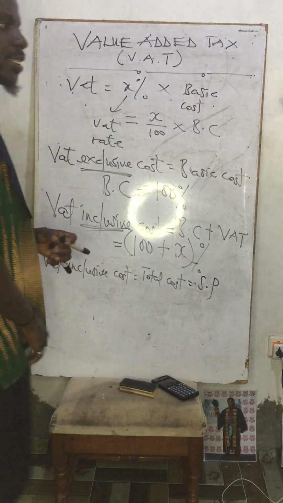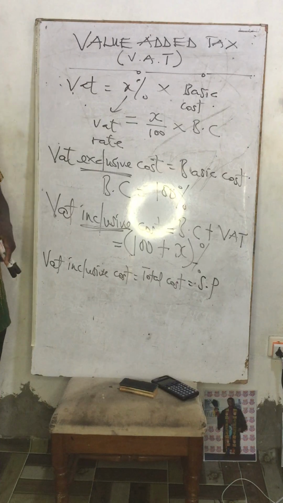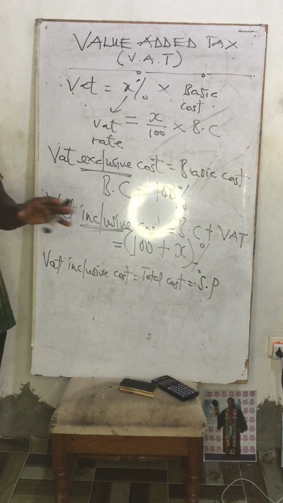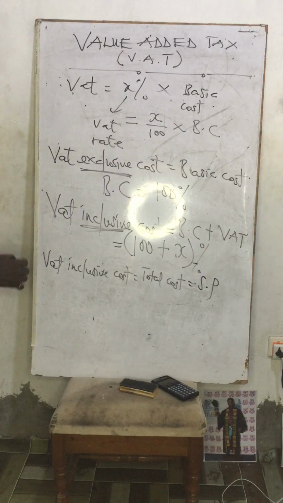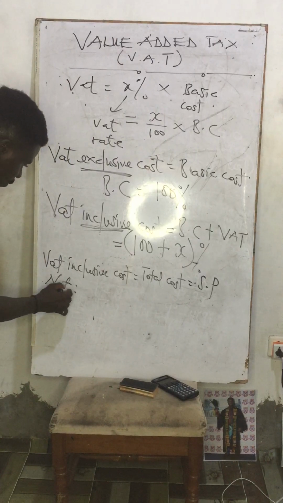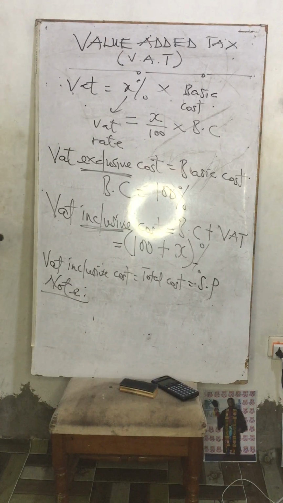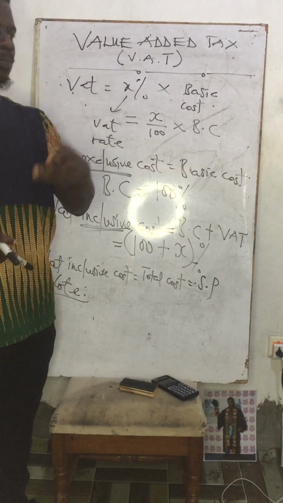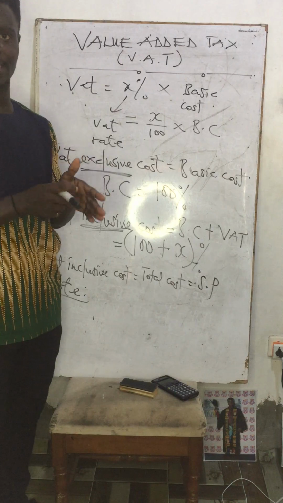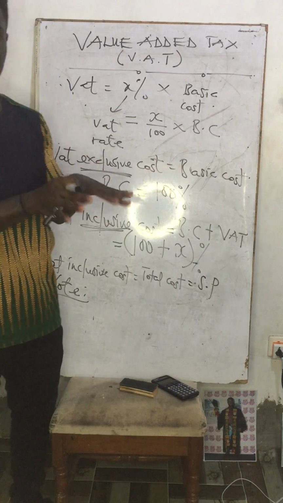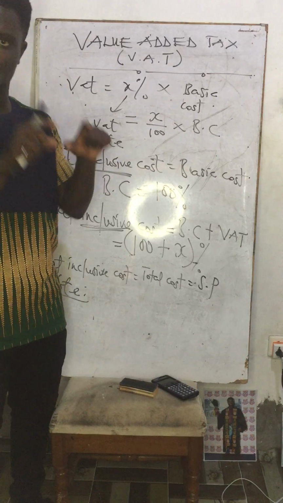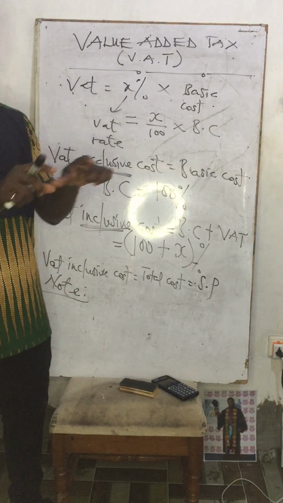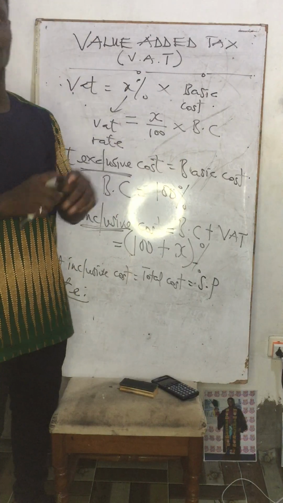Okay, so let's note one or two things here. One, giving the cost price of an item simply implies the basic cost or VAT exclusive cost. So the cost price is the original price, the actual price, the catalog price, the marked price.